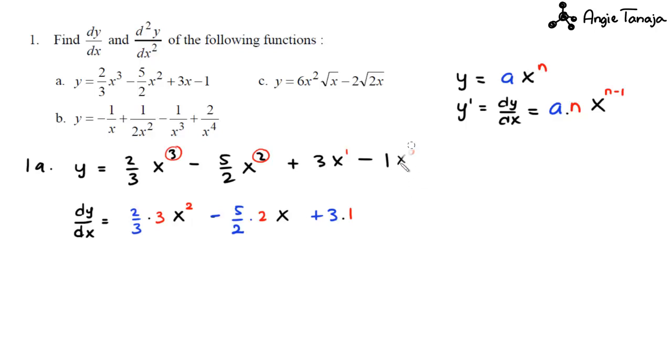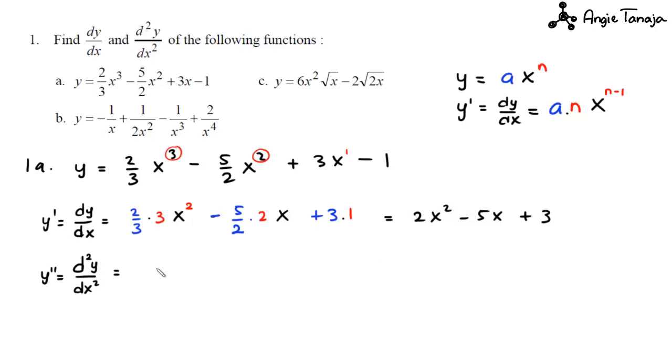Okay? So the derivative of just a constant will be just 0. To recap, I will simplify this to be 2x squared minus 5x plus 3. And then we continue with the second derivative. This is the symbol, d square y over dx square, or simply this one is y prime, this one is y double prime. The same thing.